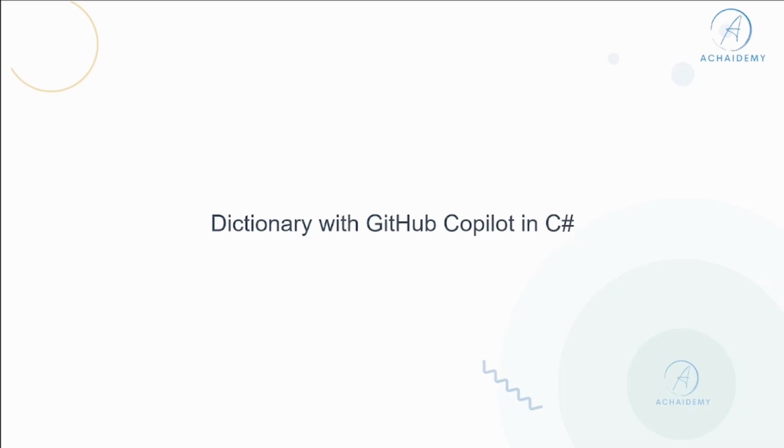In today's video, we will look at how you can use GitHub Copilot to build and manage complex data structures such as dictionary and list in one single data structure.